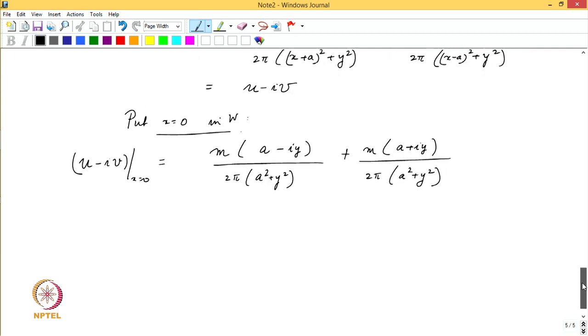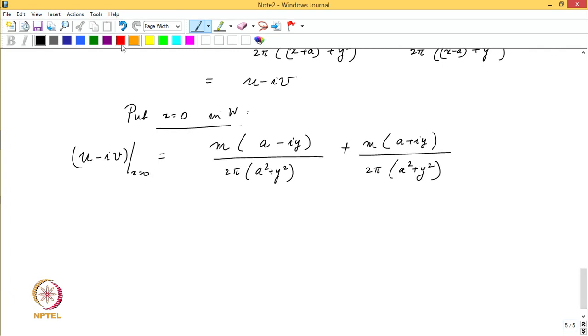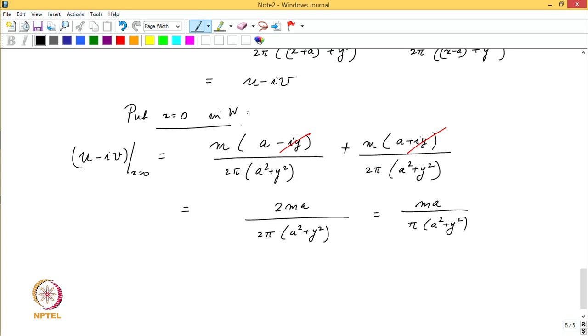Can you see that we have the same numbers? In the imaginary parts these two will cancel, and everything else the coefficients are the same. So, there will be no imaginary part that remains. What we will get is 2 m a by 2 pi (a squared plus y squared), which I could also write as m a by pi (a squared plus y squared).